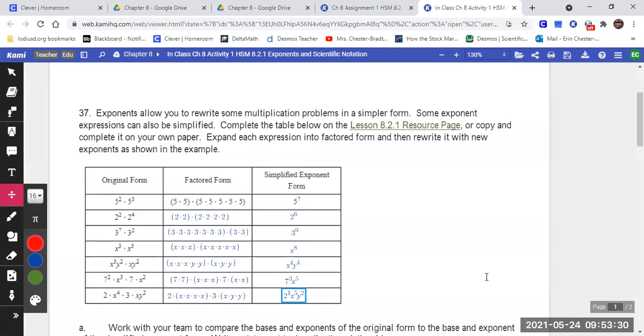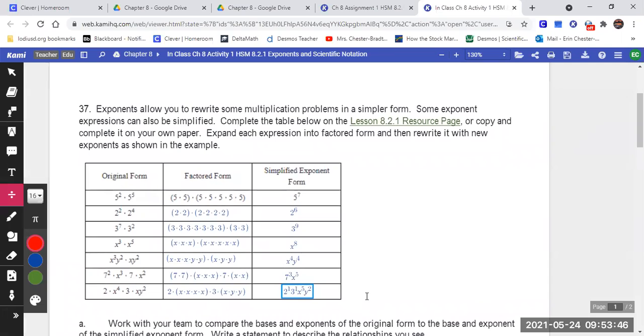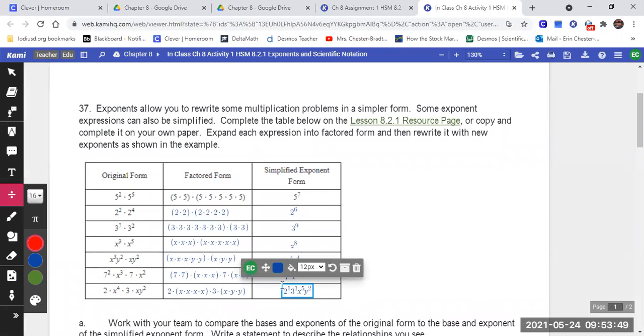And 3 to the, how many 3s do we see? Also 1. So this is the simplified way you would write it because they wanted simplified exponent form.